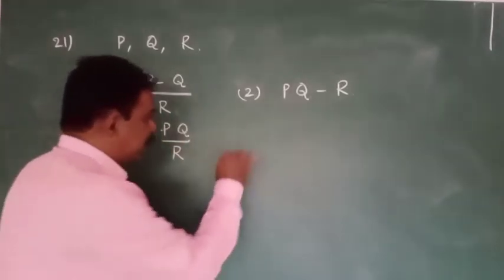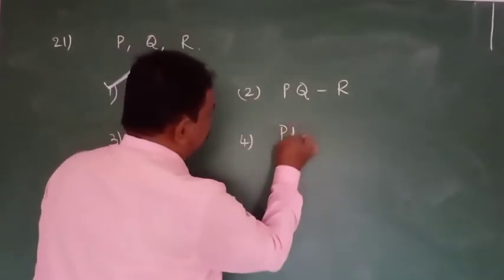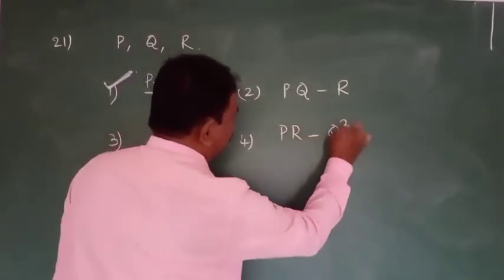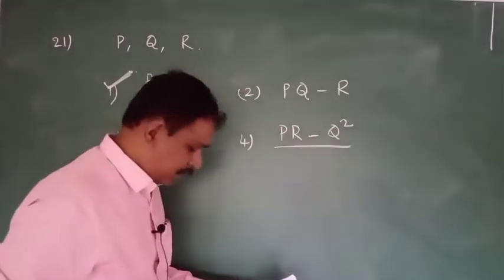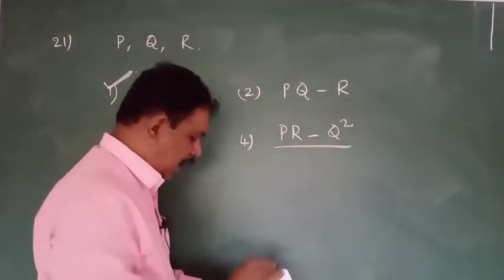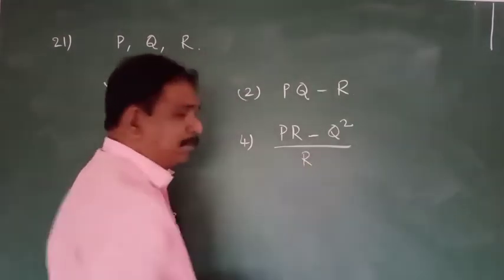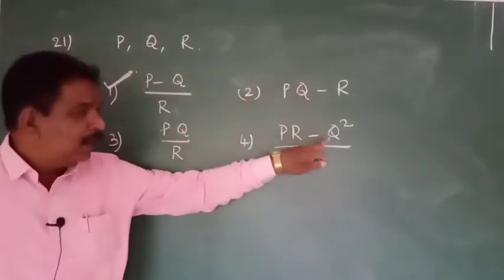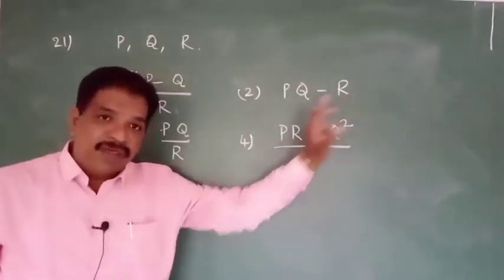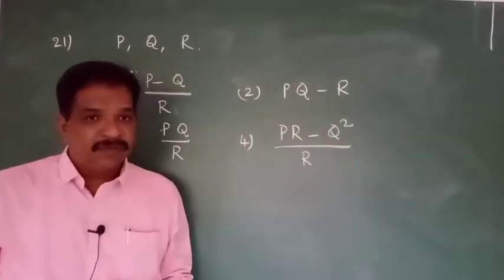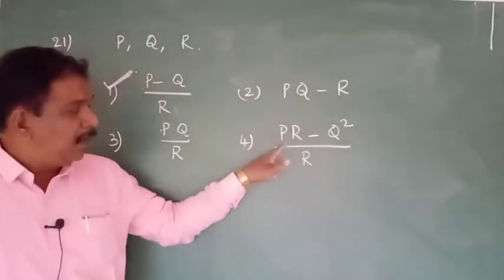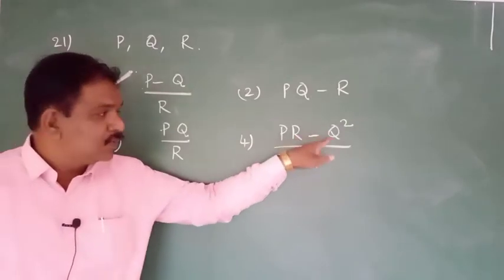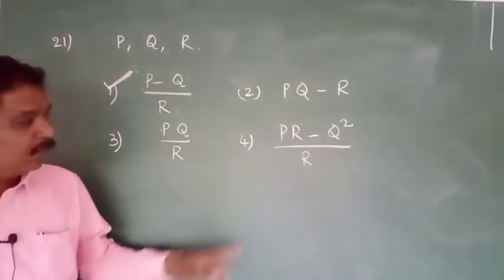Next, the fourth one, PR minus Q square by R. PR product dimensions and Q square dimensions may be equal.